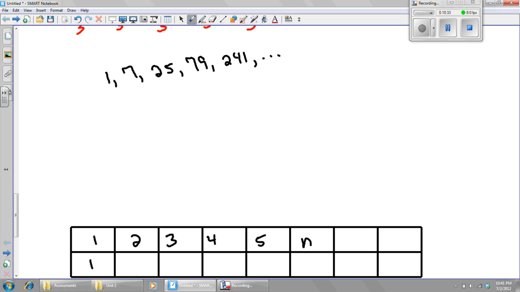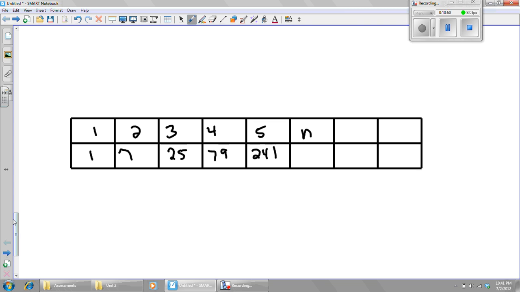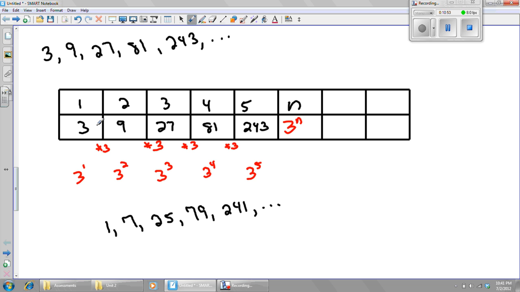I've got 1, 7, 25, 79, 241. If I do the first differences, I'm not going to have any luck. If I do the second differences, no luck again. Third differences, or trying to double or triple them, that's not going to work either.